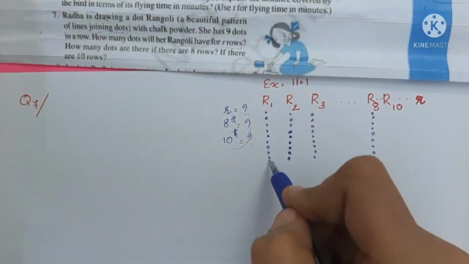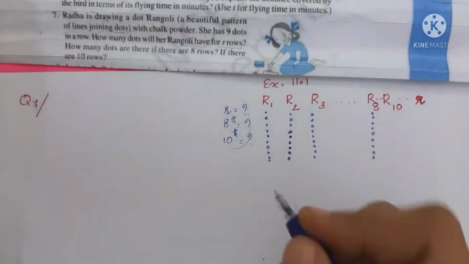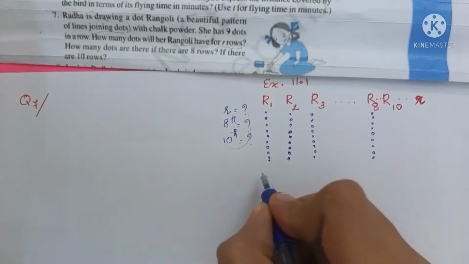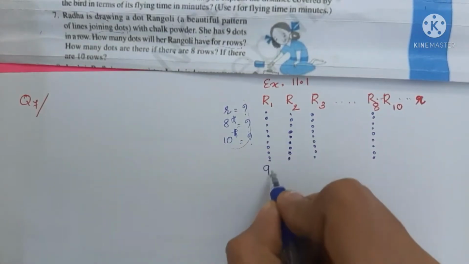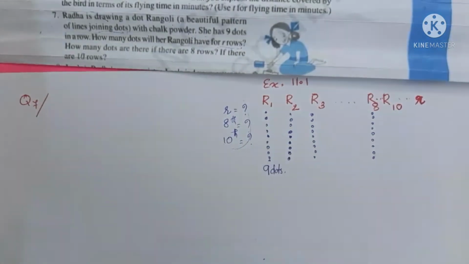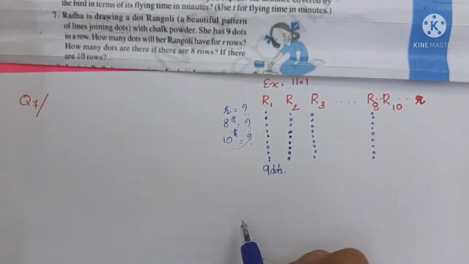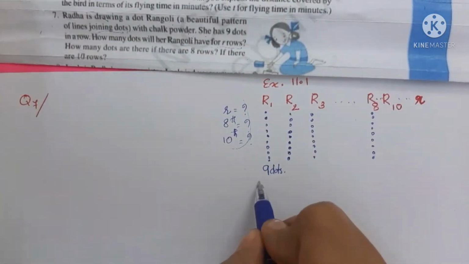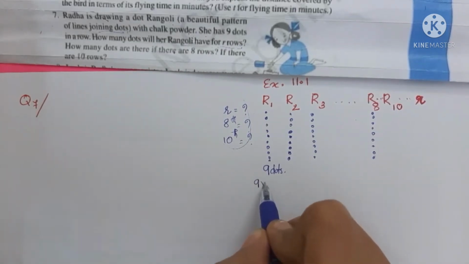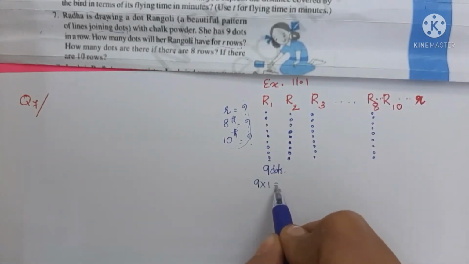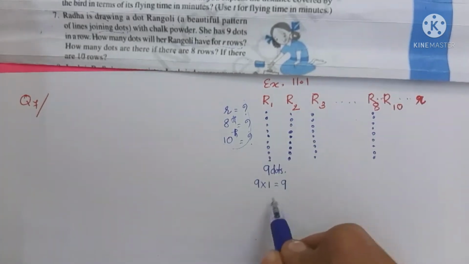So, in one row, she made 9 dots. Okay. So, in the first row, the total number of dots is equal to 9 into 1, that is equal to 9 dots.